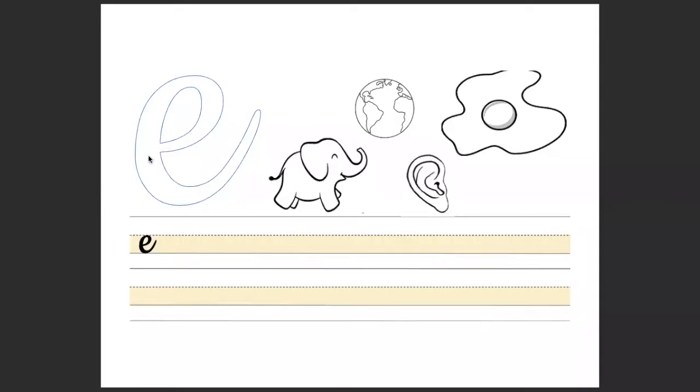So this is our first letter. If you know what letter sound this makes, can you shout it out right now? If you said eh, eh, you're correct. This makes the letter sound eh, eh. Can you take your pencil or your crayon and can you help me trace this letter?